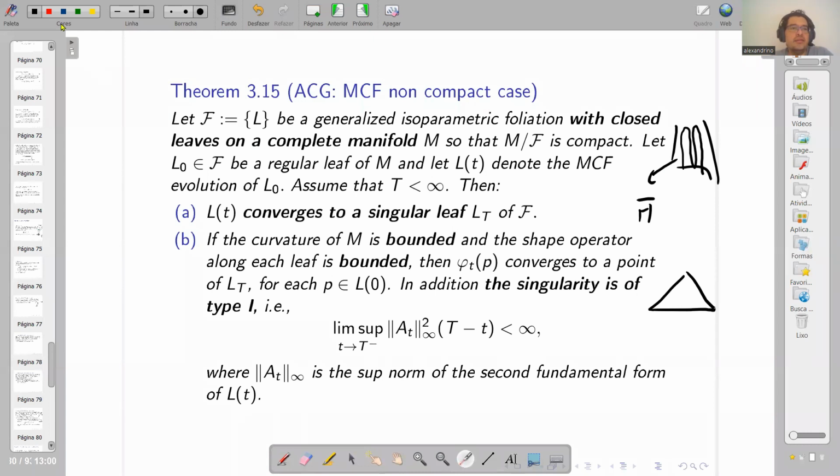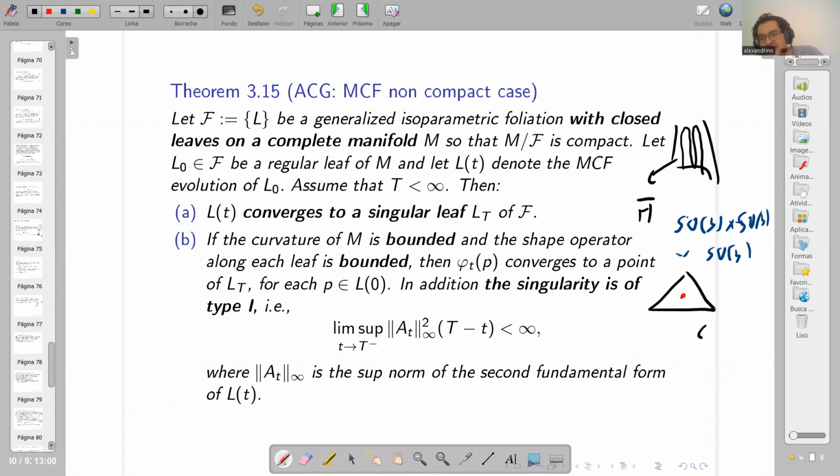So, and if you want to have a picture in mind, I love this picture here. You may think of conjugation actions, for example, in the book with Renato and I. And you may think what happens with the mean curvature flow in our quotient space.